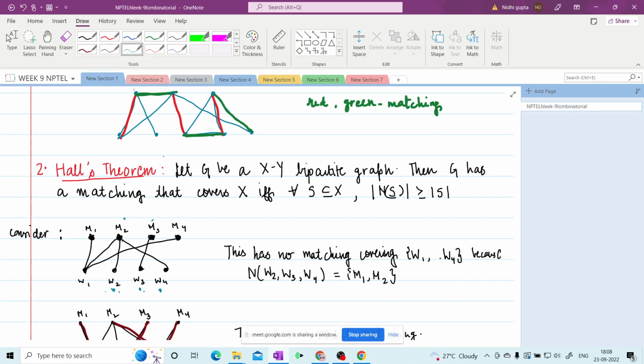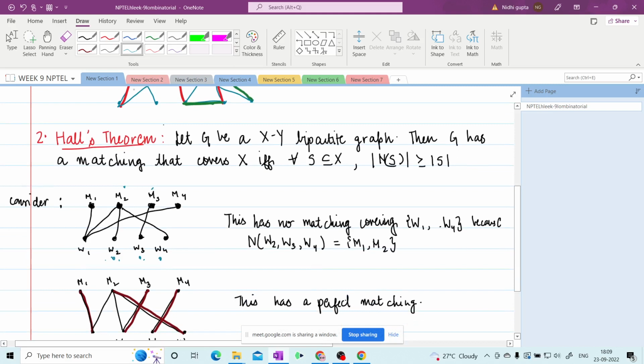If we want to create a matching that is covering X, suppose we assign the second man to woman 2 and the third man to woman 3, there is no man left for the fourth woman. Therefore, if we want to have a matching, this condition should be satisfied.